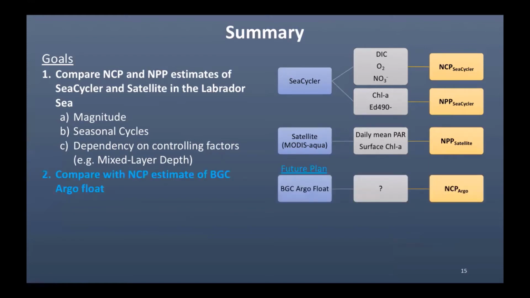In the future, we're planning to incorporate the NCP estimate from the biogeochemical float as well to compare with the estimates from the CCycler and satellite.